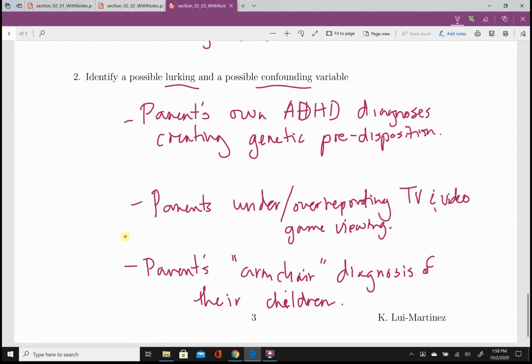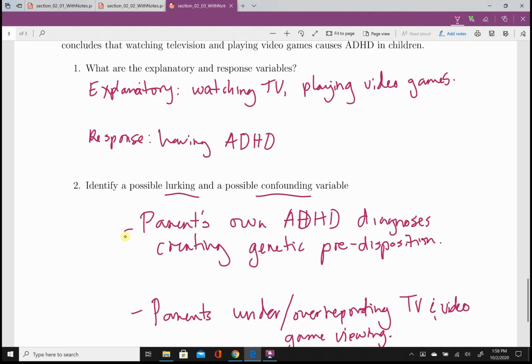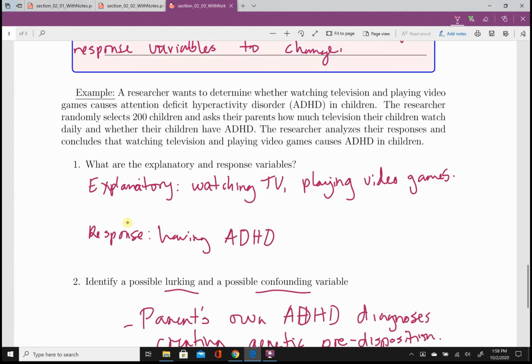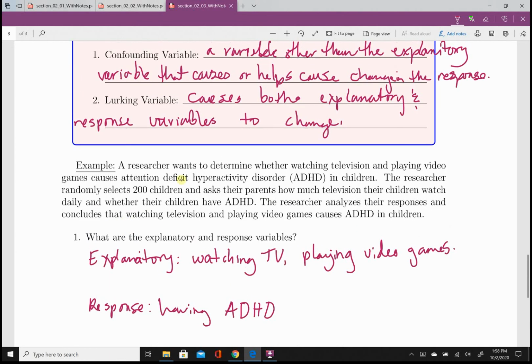All right, so those are things that I feel could be undermining the conclusion of this study.